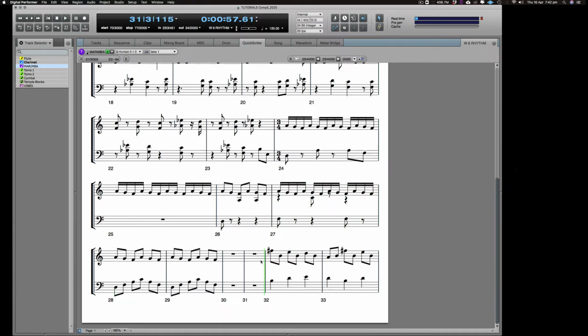more succinctly represented here in this one, which looks like E minor.